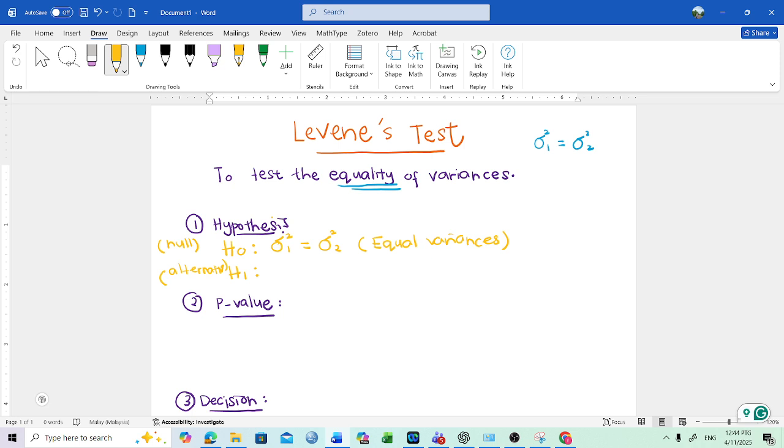For the alternative, the variance of group 1 is unequal to the variance of group 2. This one is unequal variances.